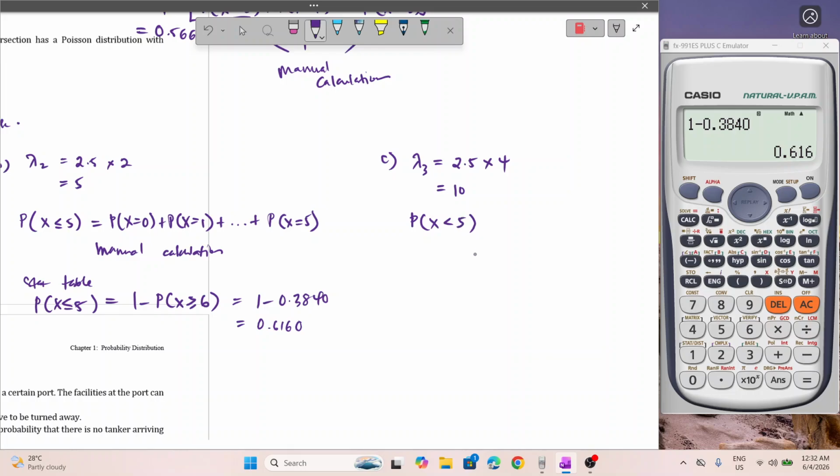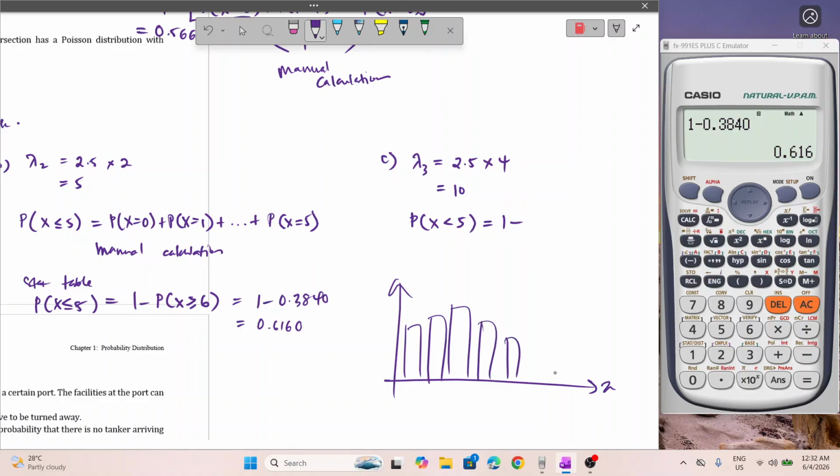How to rewrite this? This is also equal to 1 minus. Let me help you to visualize this. We have 0, 1, 2, 3, 4, 5, 6, and so on, and this is the probability of x. You want to find the probability of x less than 5.